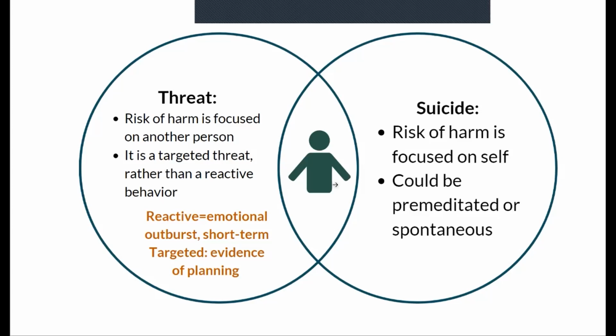That's not uncommon, but we need to understand that they're two different assessments, two different processes that we're going to go through. So again, with suicide, I don't even like to use the word violence because I feel like that confuses things, but it's the risk of harm when they're thinking about themselves. Threat is when the risk of harm or the risk of violence is focused on another person or a group of people. It's a targeted threat, not just a reactive behavior.